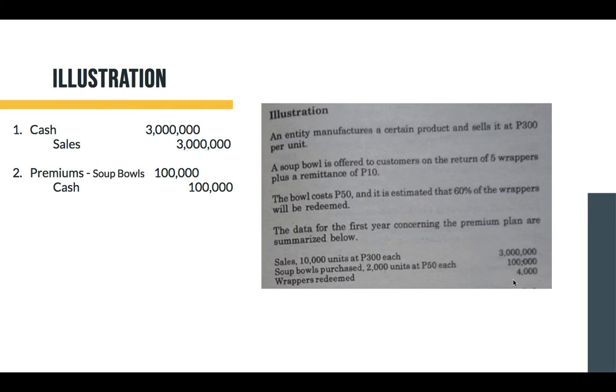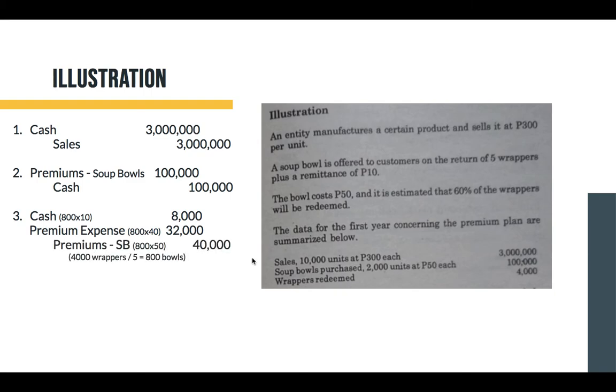So how many soup bowls were redeemed? 4,000 wrappers divided by 5, so we have 800 bowls.